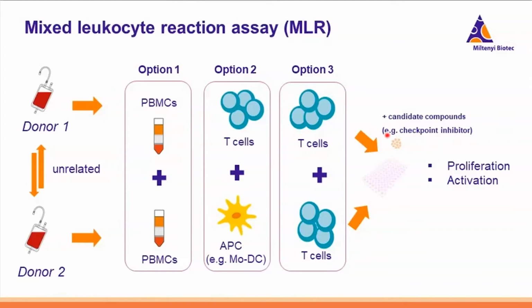You incubate the cell mixture in culture, then you add your test compounds, for example, checkpoint inhibitors, and then at the end, the immune response that occurs could be measured in forms of proliferation, cytokine production, etc. So the final result shall tell you something about your drug effects.